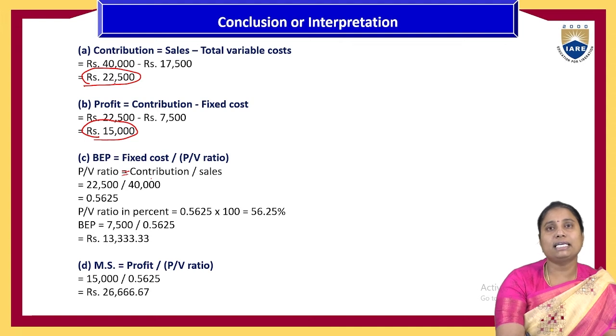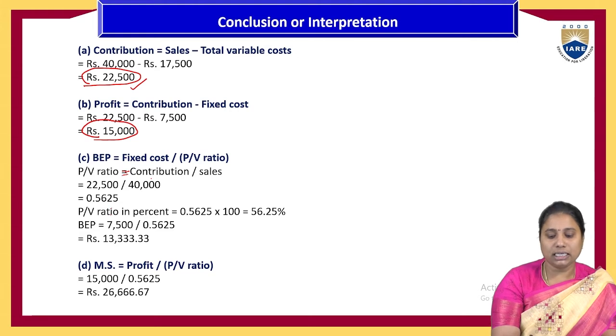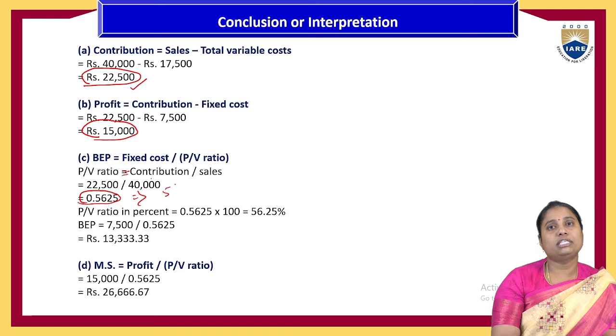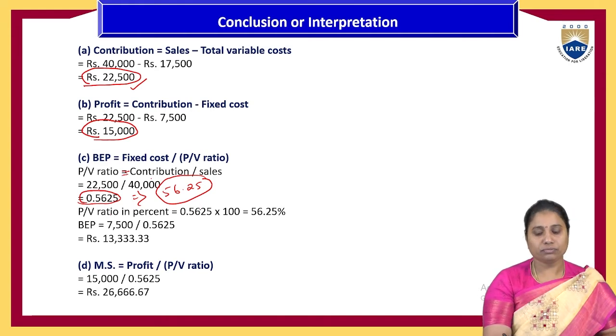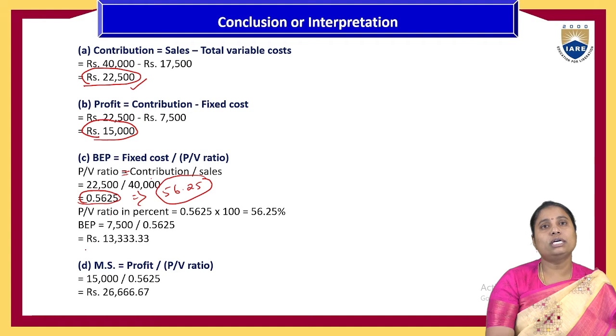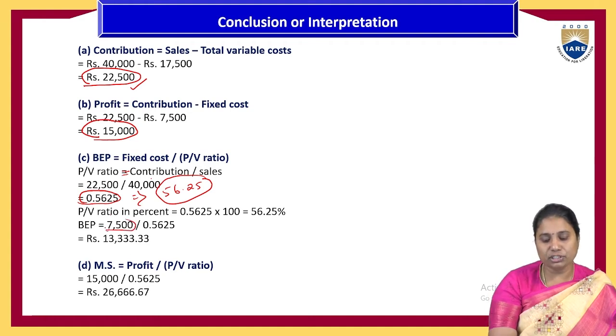Contribution is 22,500, whereas sales is 40,000, which equals 0.5625. That means out of their sales, 56.25% is contributing towards the profits. That is the profit volume ratio. To calculate BEP, fixed cost of 7,500 divided by 0.5625 equals 13,333.33 rupees. This is in terms of amount.